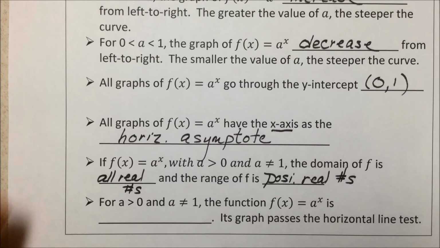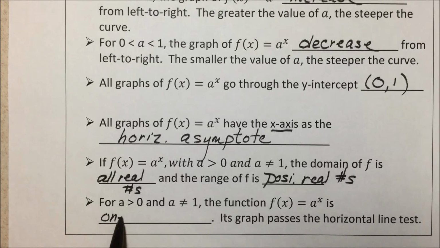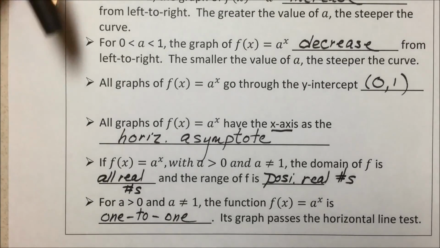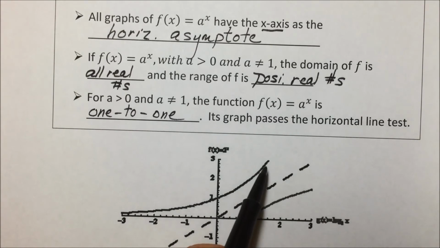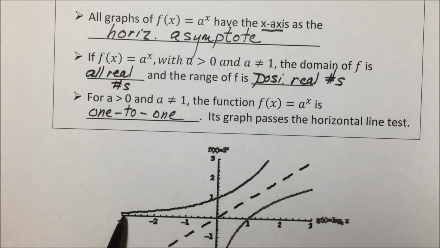One other note about exponential functions: when a is greater than 0 and a is not equal to 1, the exponential function is a 1-to-1 function. Its graph passes the horizontal line test. And here we have an example of a generic exponential function.